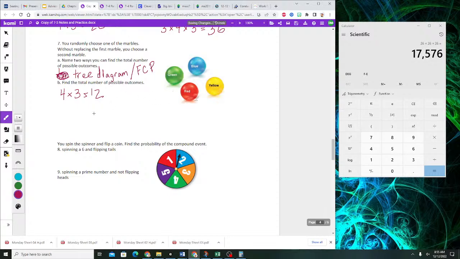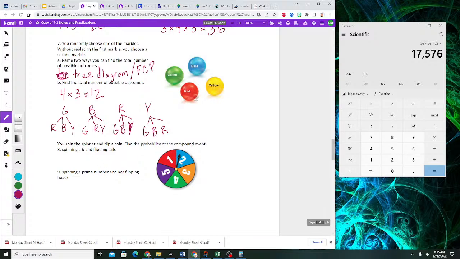Using a diagram, it would start off with G, B, R, Y, and then afterwards you go R, B, Y, then G, R, Y, then G, B, Y, and G, B, R. And so you can see here that again, you'd have 12 possible outcomes.